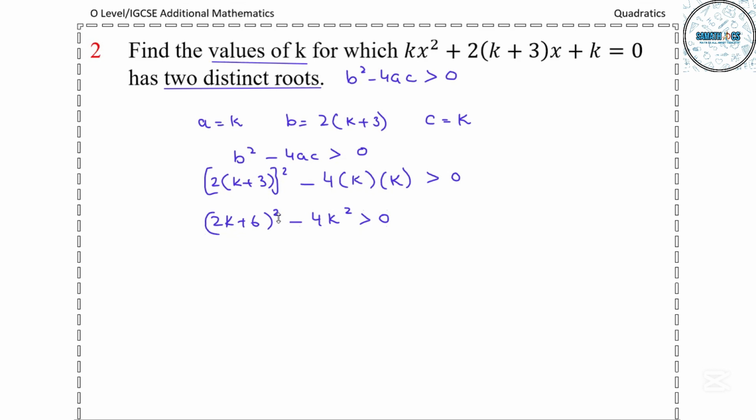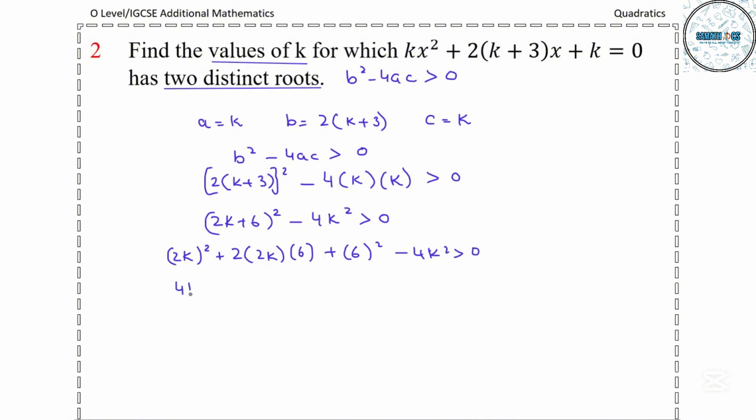(a plus b) whole squared is equal to a squared plus 2ab plus b squared. So the first term is a squared. Here a is 2k, so (2k) squared, plus 2ab, 2 into 2k into 6, plus 6 squared, b squared, minus 4k squared is greater than 0.